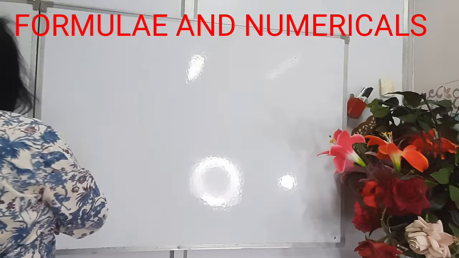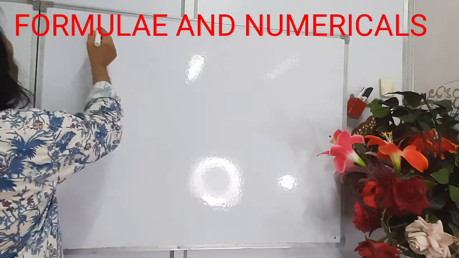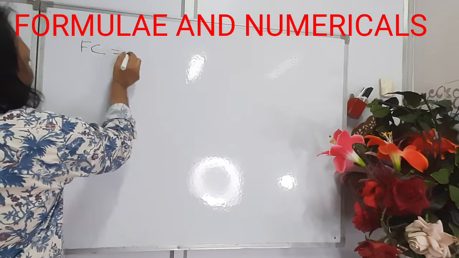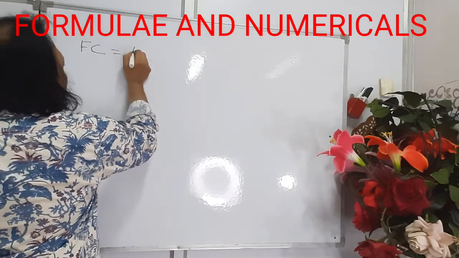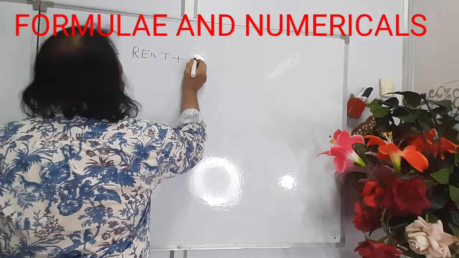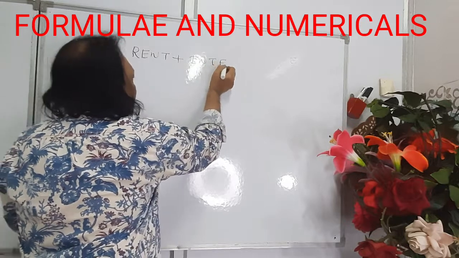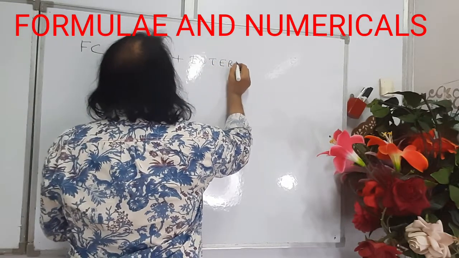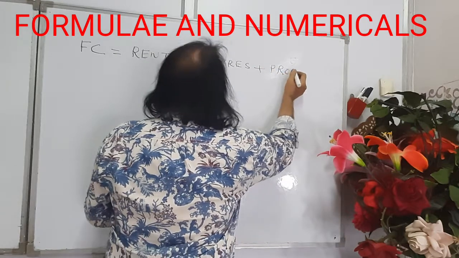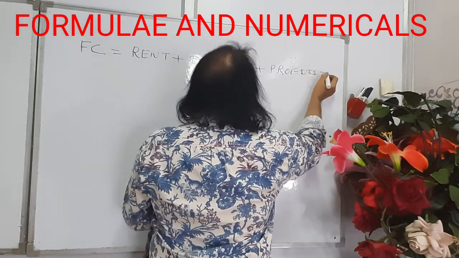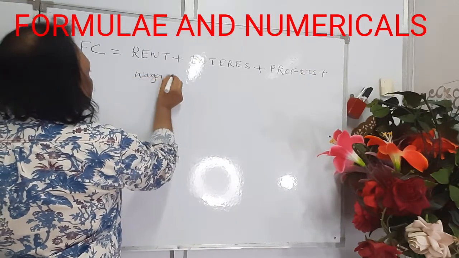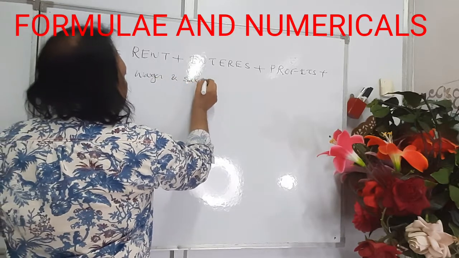We'll see it here. The first one is factor cost. I have given you the formula. Factor cost is equal to rent, very simple, rent plus interest plus profits plus wages and salaries.